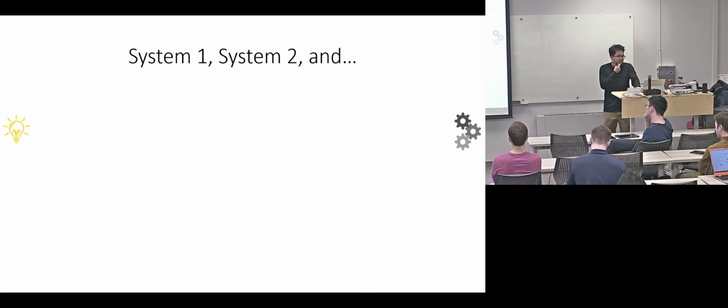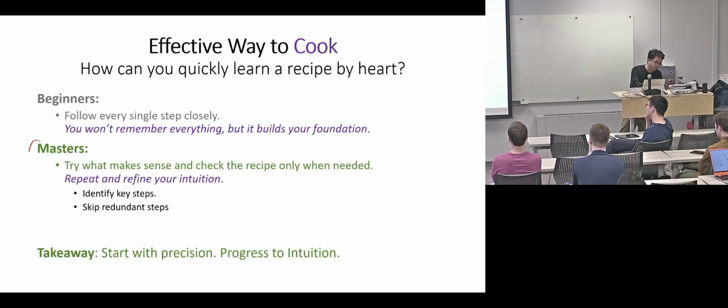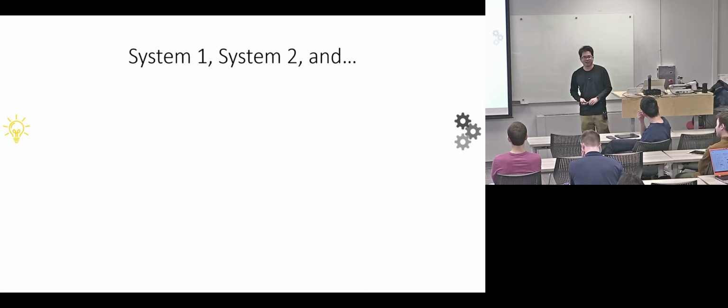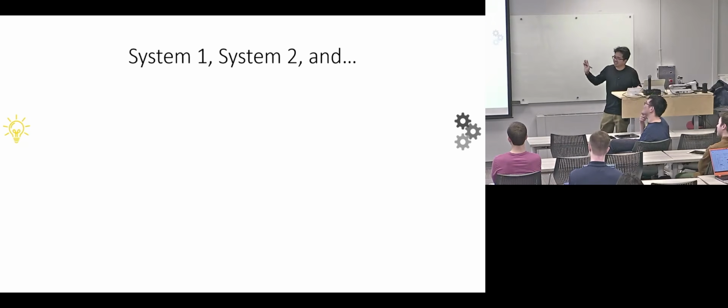So what do I mean by this in general? I think it's like this. I'm not sure if you have heard about System 1 and System 2 from the work of Daniel Kahneman, but I want to mention this.